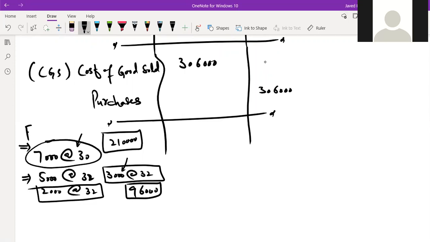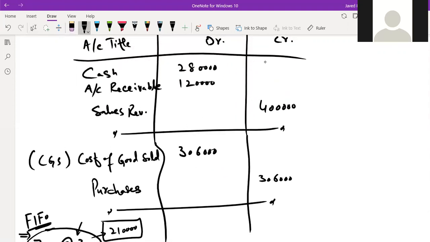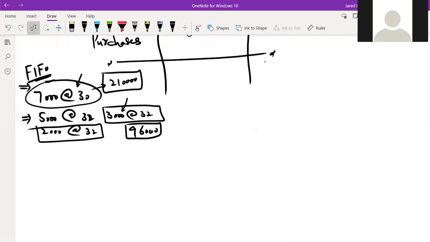Technically, it's called the first in first out method. So we are using this method to calculate the cost of goods sold, in which we are assuming the first 7,000 out of these 10,000 must be these 7,000 whose cost we already know is 210,000, right? Then we need to compensate these 10,000 units we're selling here to generate 400,000 as revenue. So the next 3,000 units are costing us 32.